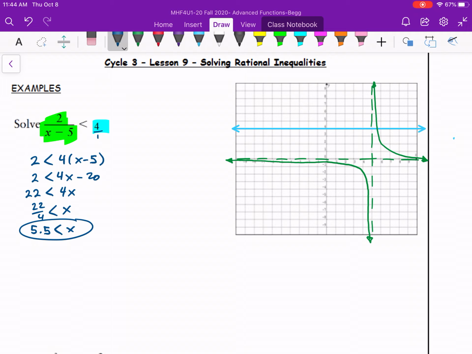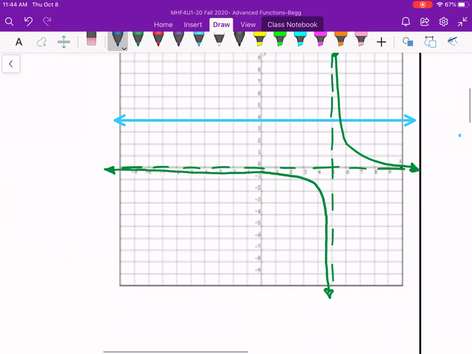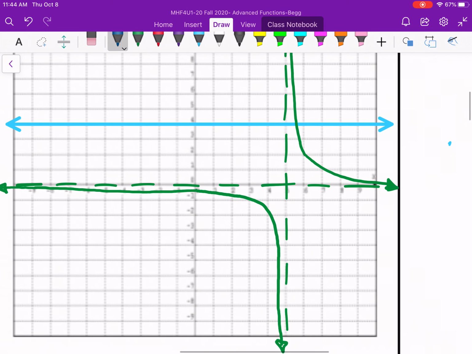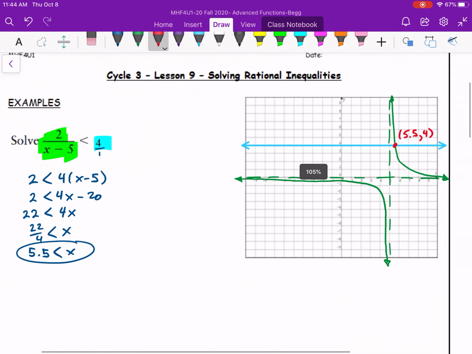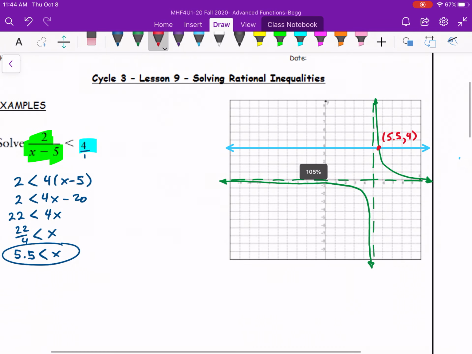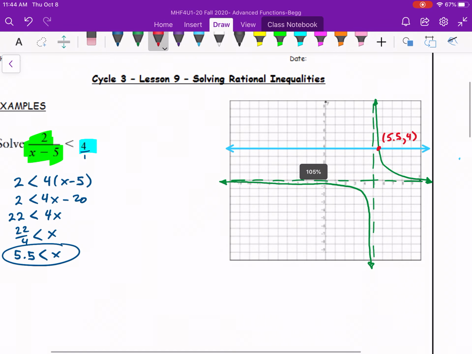If x is greater than 5.5, that makes sense because it takes into account our point of intersection. This is the point of intersection, 5.5, 4. And we want to know when the green graph is below the blue graph because it's less than.